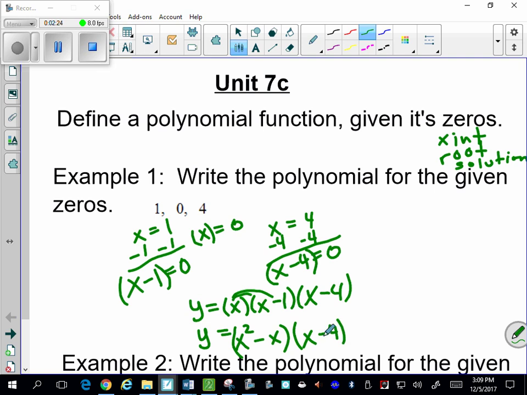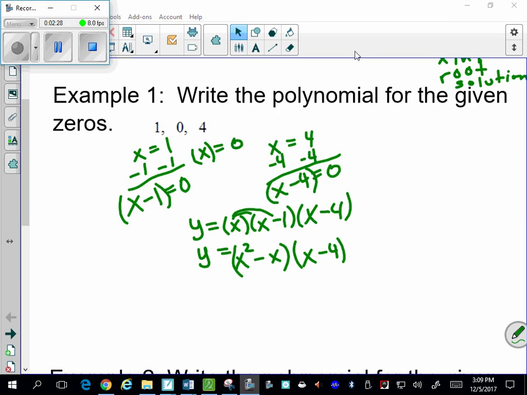Now I'm going to take that binomial and multiply by the second binomial. First we have the y equals. x squared times x is x cubed. x squared times negative 4 is negative 4x squared. Negative x times x is negative x squared.